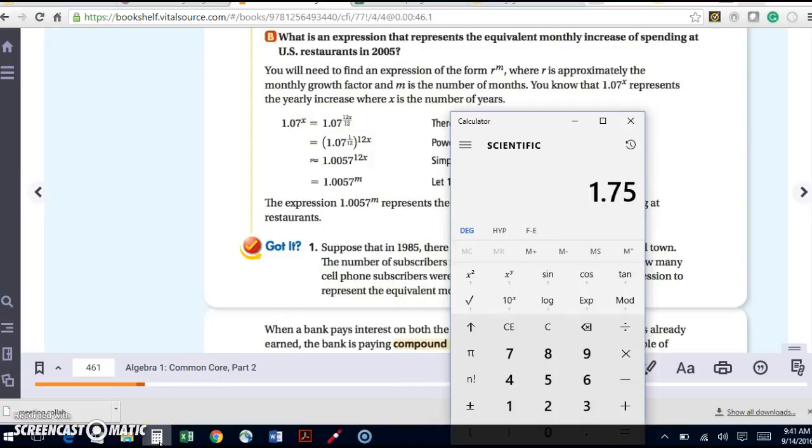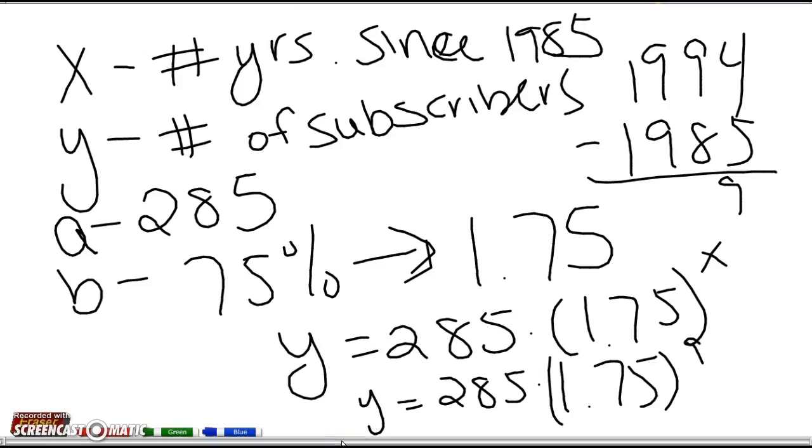So 1.75 raised to the 9th power times 285 gives me 43,871.986. I'm going to round it up, and I get 43,872 subscribers since 1985, so for the 9 years.